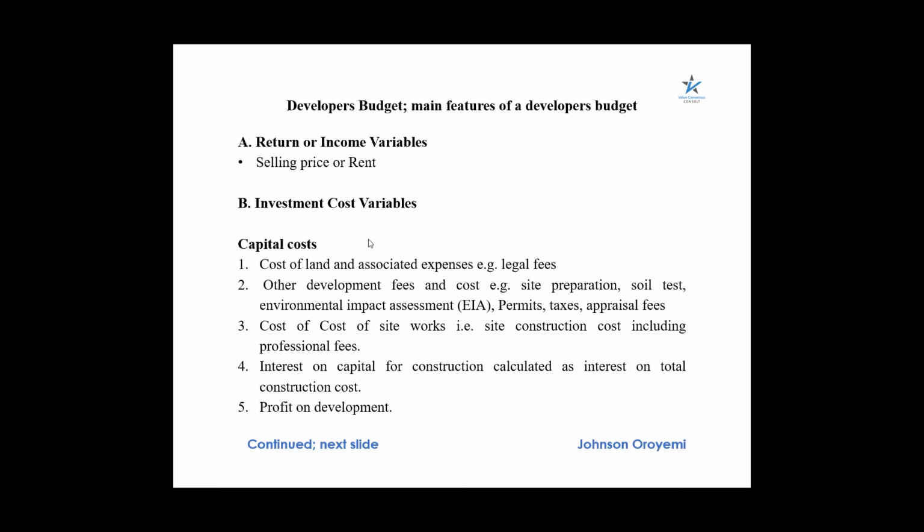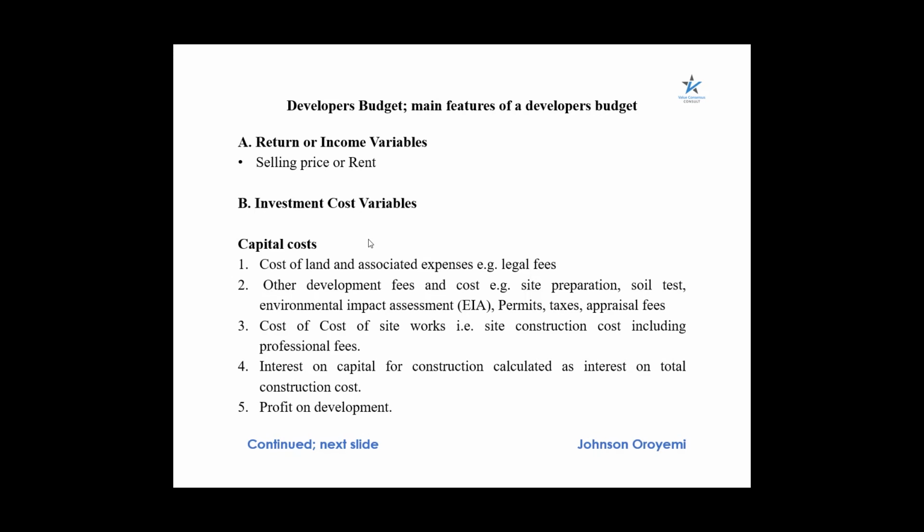And let me say here that this investment cost variable is divided into two, because when we are preparing a developer's budget, for you to be able to say that a particular scheme is going to bring this kind of value, you must definitely consider the future cost, not only the capital cost of constructing that particular project.